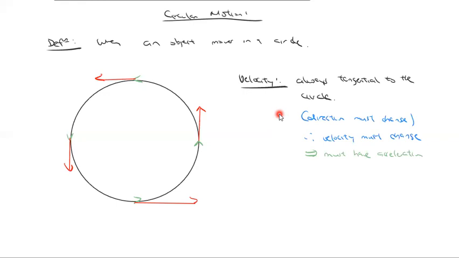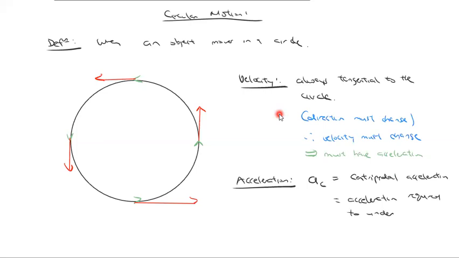And so the acceleration, which we could prove mathematically, but we won't for our purposes, it must exist. You cannot have circular motion without acceleration. And so the acceleration is given the term a_c, which is called centripetal acceleration. And this is basically the acceleration required to undergo circular motion.